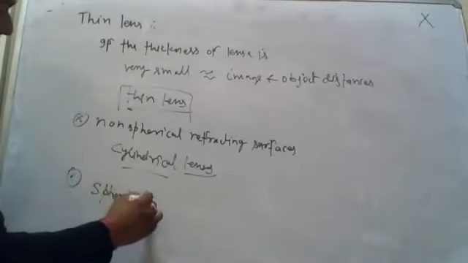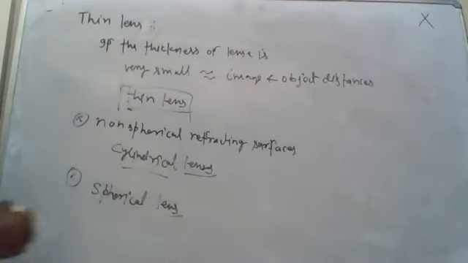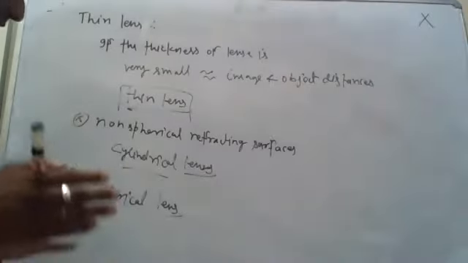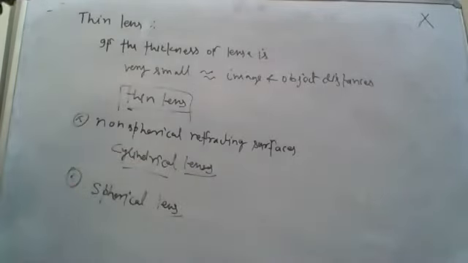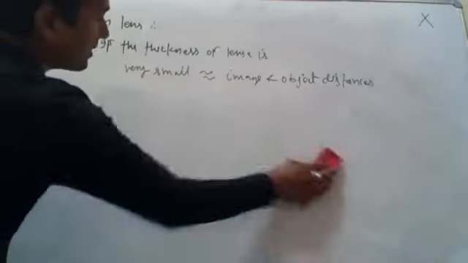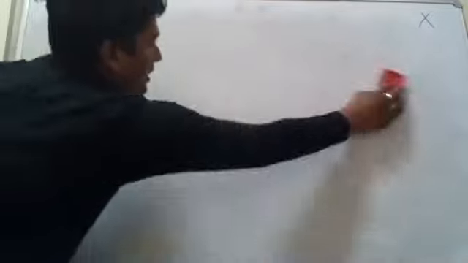We have already known the curvature. So we can see the different combinations of the lenses, the combination of the reflecting surfaces, so we can form different kinds of lenses. We can see the cross-sectional view of the lenses.